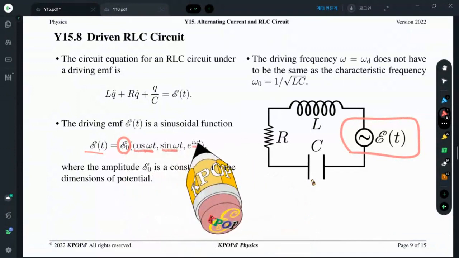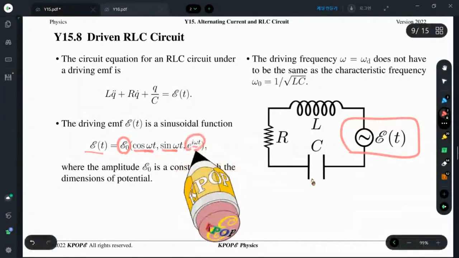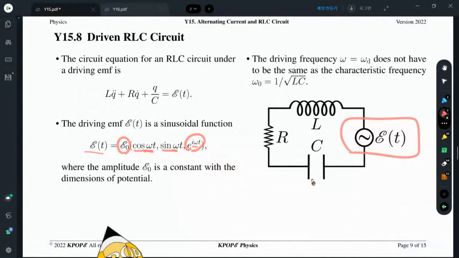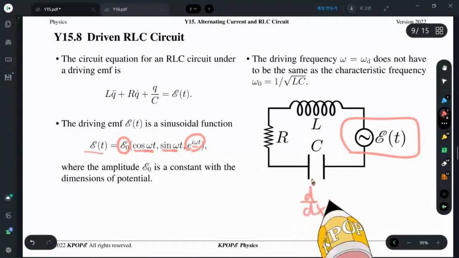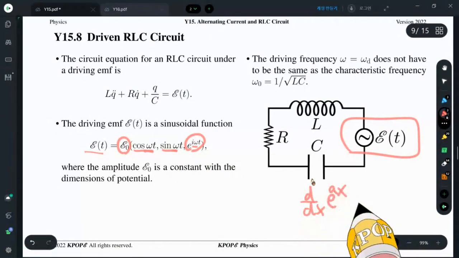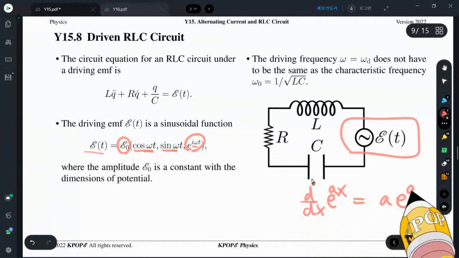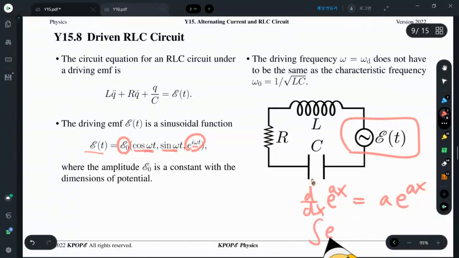In any case, we will arrive at the same style of result. The most convenient way is to make use of the exponential one. The reason is that the exponential function produces a consistent factor if you take the derivative or if you integrate, a simple factor.